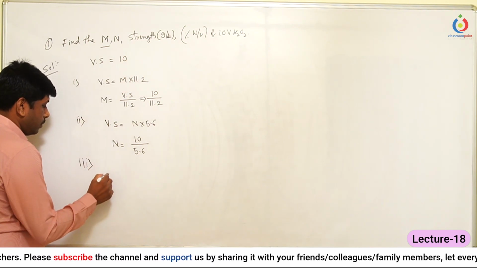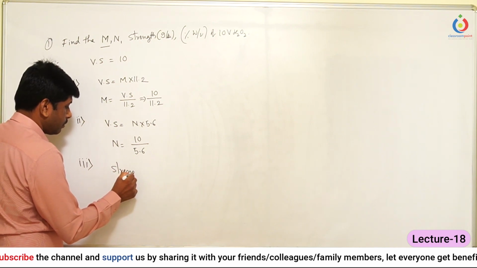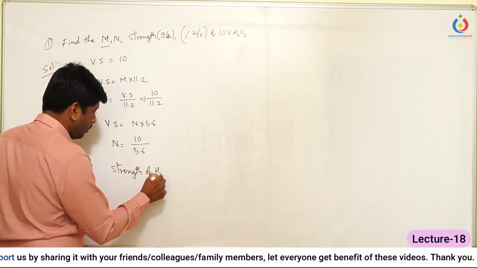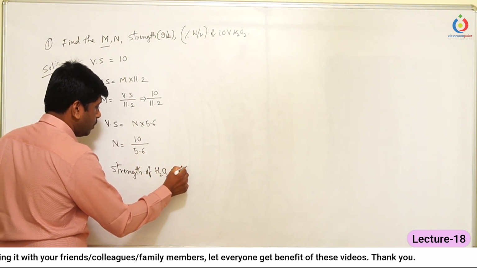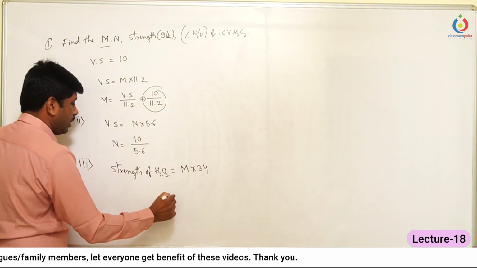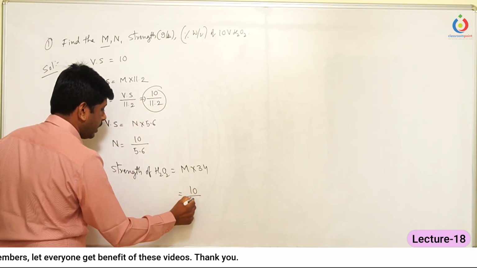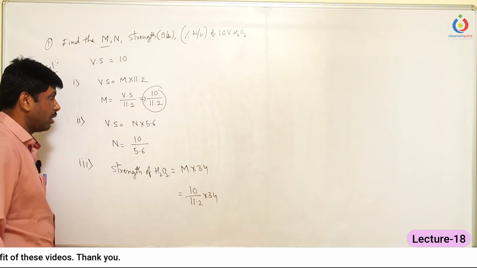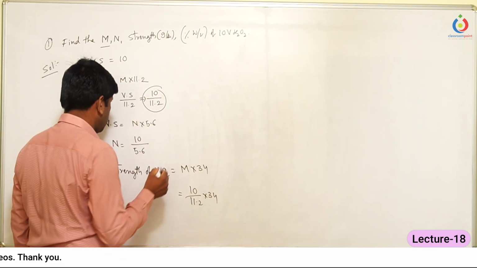Strength of H2O2. So that strength of H2O2 equals to molarity into molecular mass. Molarity already here we calculated, that is 10 divided by 11.2 into 34 is the strength of H2O2. Percentage by strength.